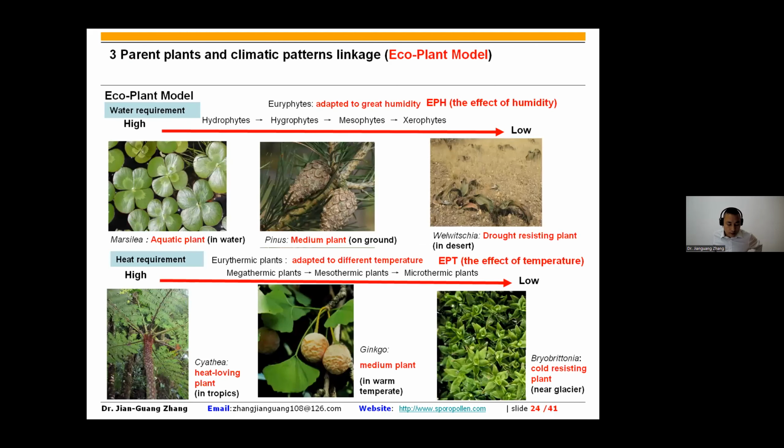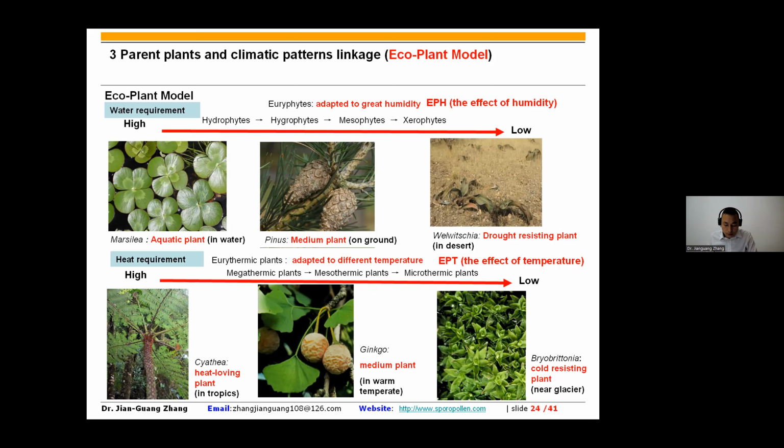Before I start this part, I would like to first introduce the concept of the ecoplant model. The eco-group classification based on the growth form of plants was established by the pioneering work of Warming in 1895. They analyzed diverse plant associations with relation to principal climatic elements, such as water, heat, light, and air.